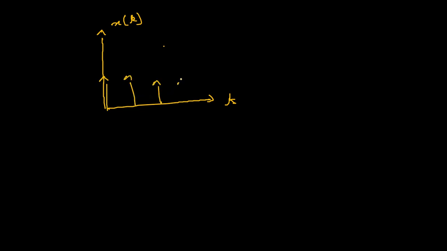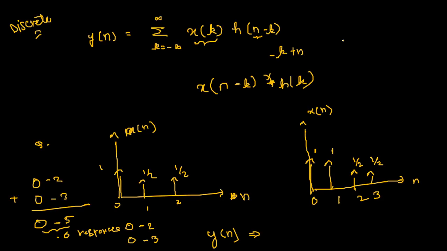The unit impulse function is where we'll perform our operations. The first thing we have to do is reverse the signal, and then we start performing shifting on it.